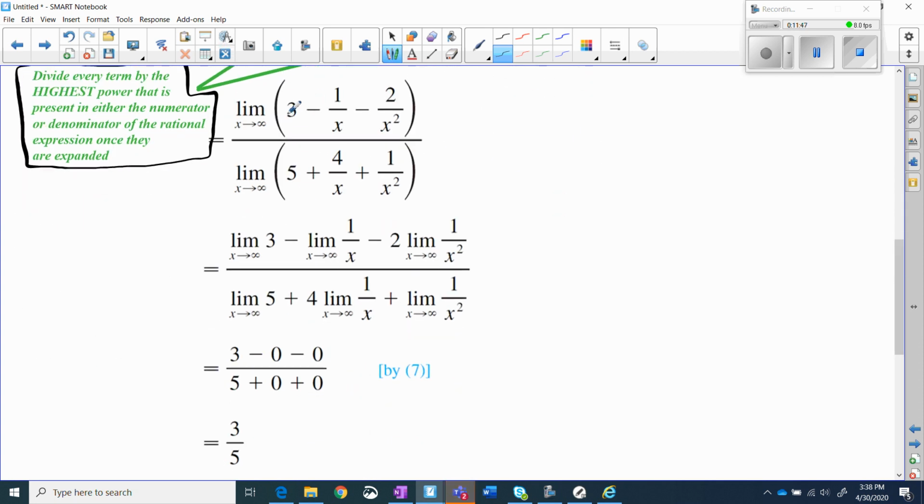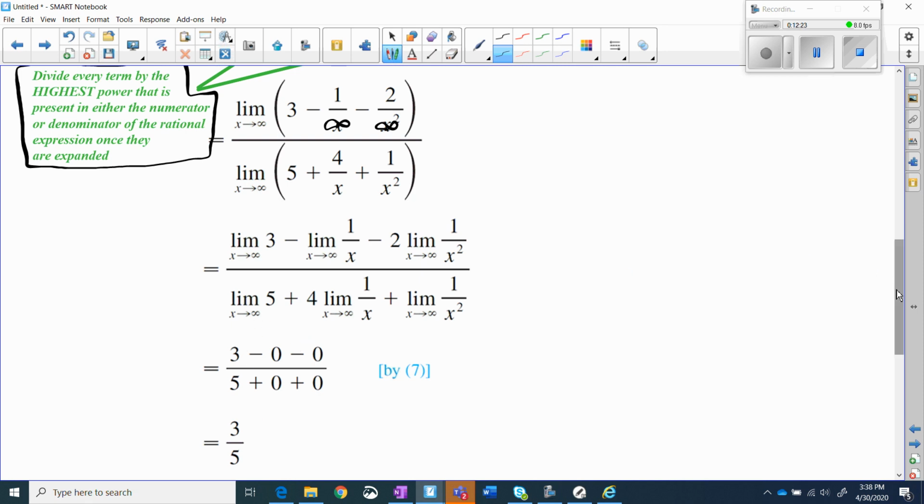But essentially, the 3 is going to be there because the x squared is canceled. 1 over an infinitely large number, we already talked about that, is basically 0. 2 over an infinitely large number squared is going to be 0. 4 divided by an infinitely large number is going to be 0. And 1 divided by an infinitely large number squared is going to be 0. So these are all zeros. The only thing left is your 3 over 5. Therefore, our answer to that question will be 3 over 5.